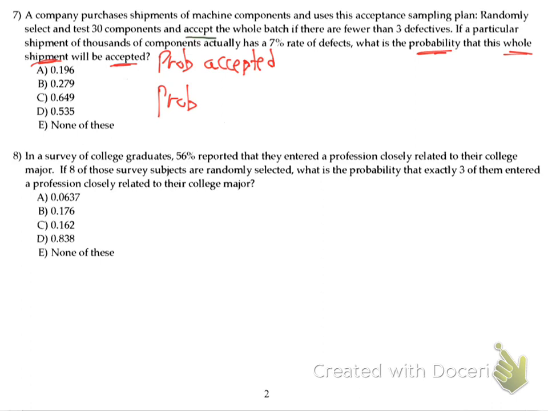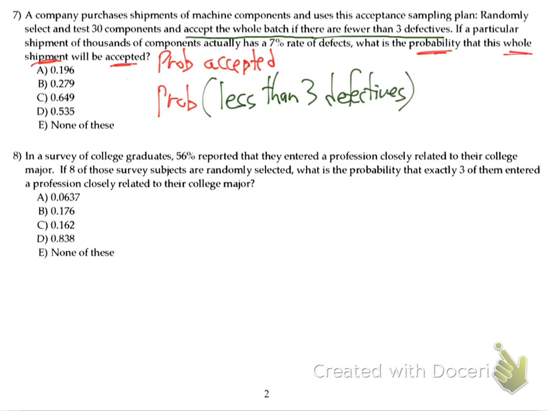Yeah, accept the whole batch if there are fewer than 3 defectives. So probability, I'll just write that, good idea, less than 3 defectives, huh? That's when they accept the whole batch. Less than 3 defectives. Okay, how am I going to figure that out?